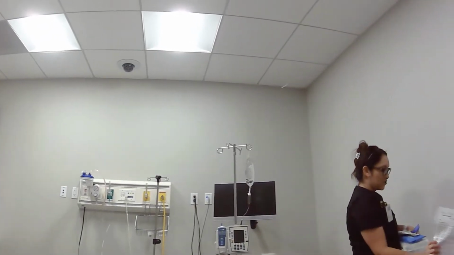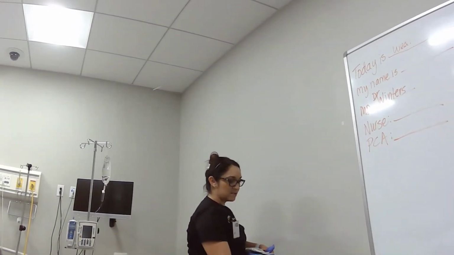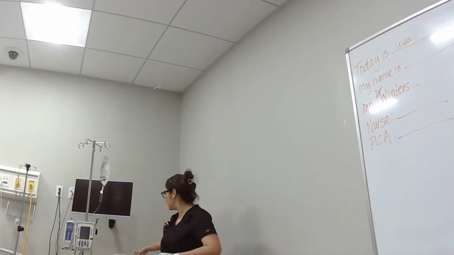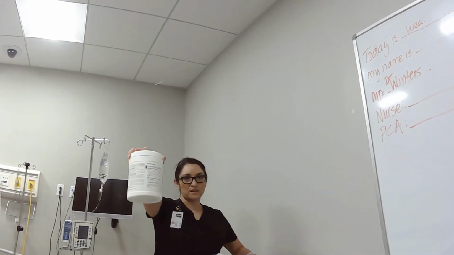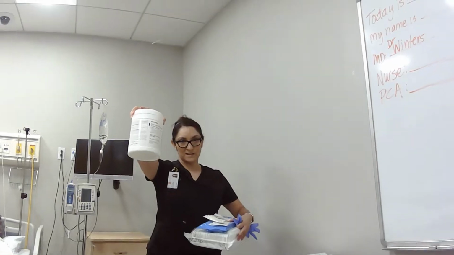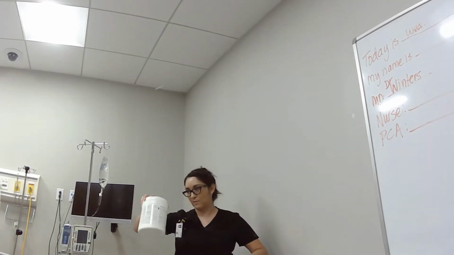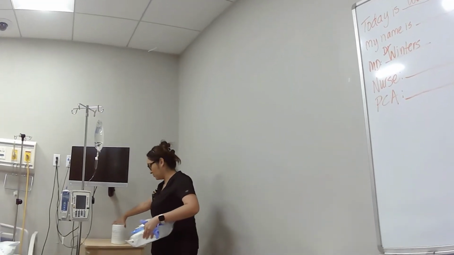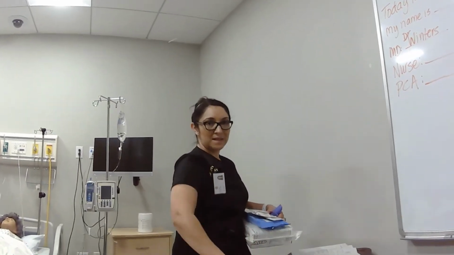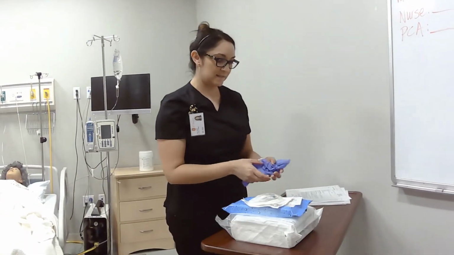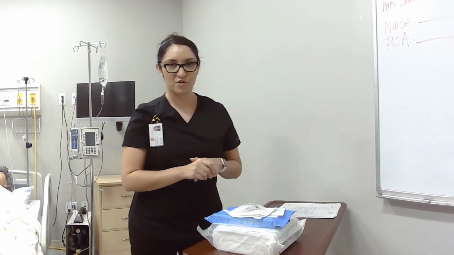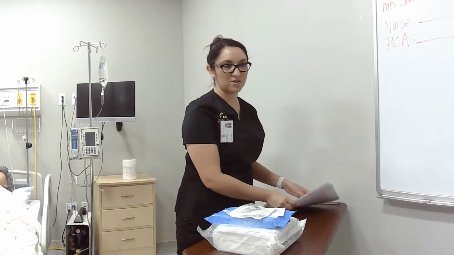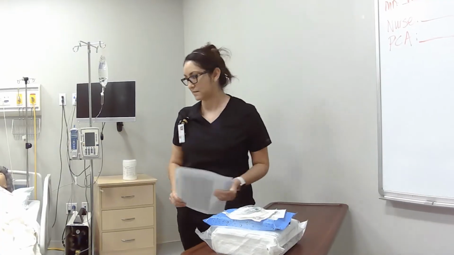And on the patient's bedside table, I am going to wipe that down with my germicidal wipes. Okay, make sure that you wear gloves when you use these wipes, because they are very strong antimicrobial germicidal wipes. So I've wiped down my table to make sure it is clean. The bedside tables get used for so many different things in the patient's room, so you want to make sure it's clean.